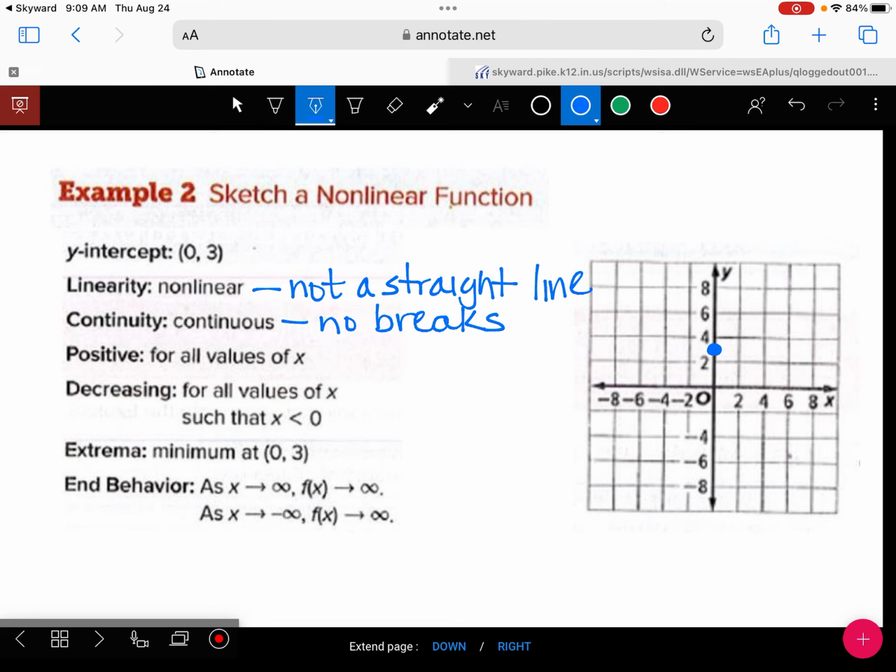So here it's telling us that on the right, the arrow goes up, and on the left, the arrow goes up. So we have to make a graph that goes through that one point, and both sides go up. So we sketched a graph that looks like it meets all of the criteria in that scenario.